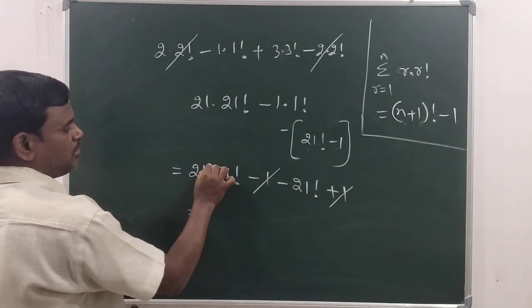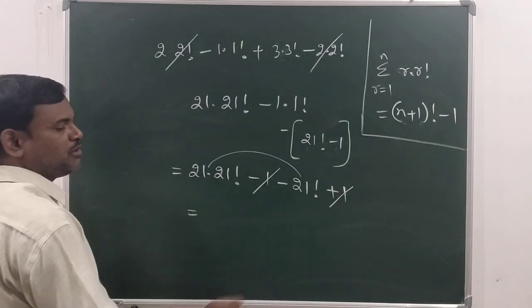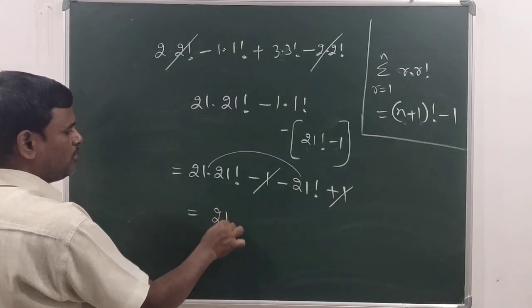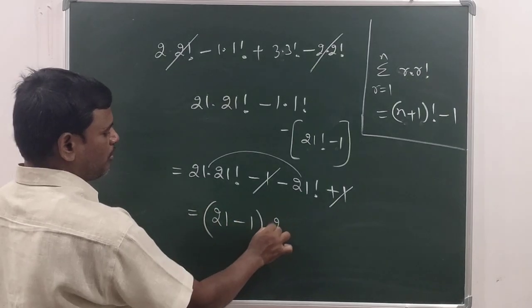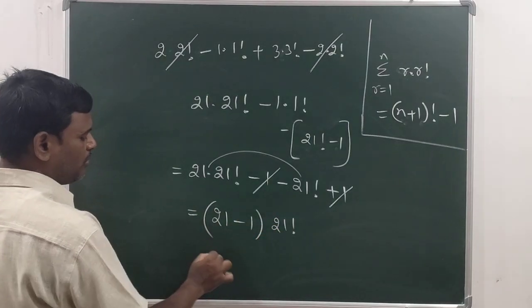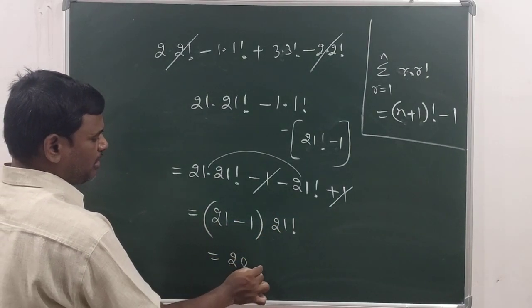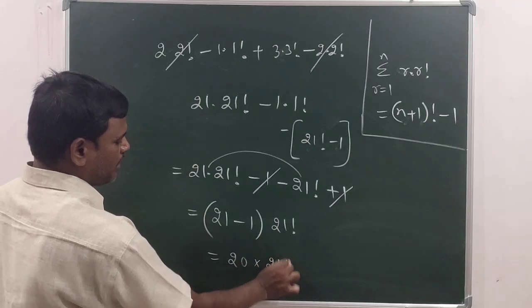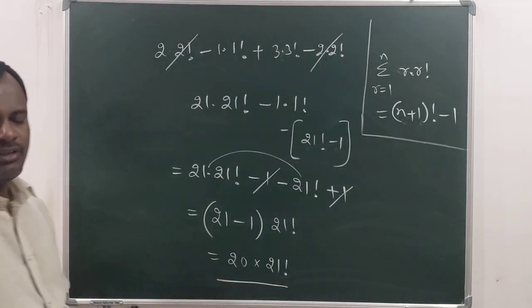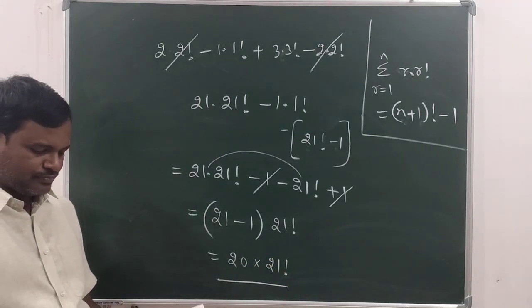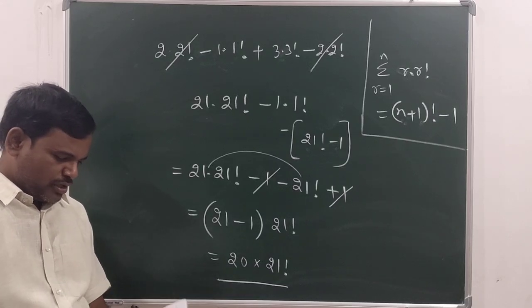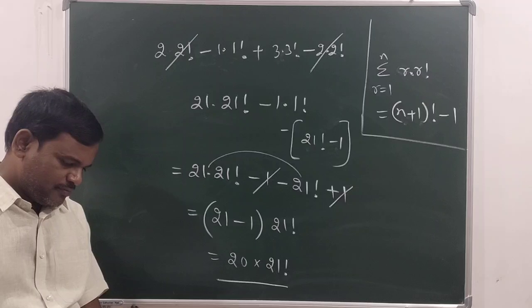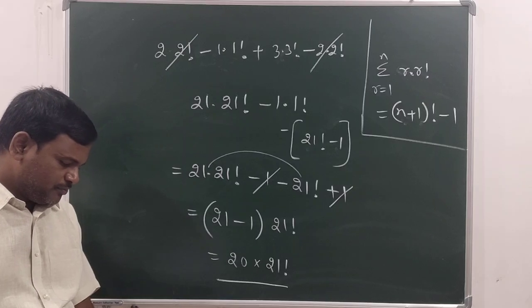Now these two are left, from which take 21 factorial out. (21 minus 1) into 21 factorial. 21 minus 1, 20. 20 into 21 factorial is the required answer for this question. Okay students, right.